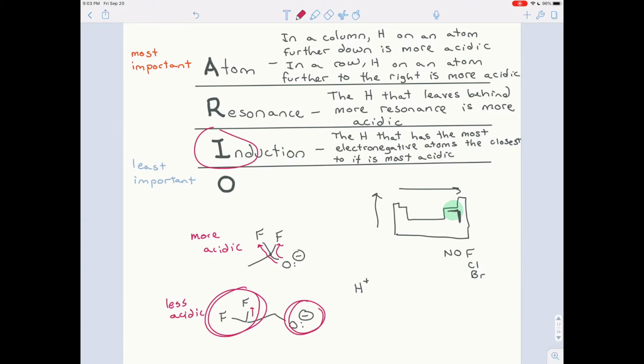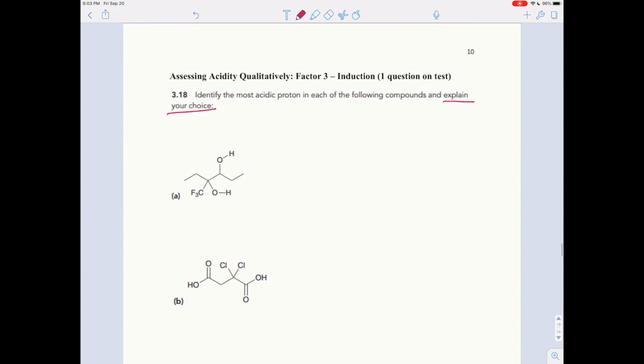So then we go down to induction, and we look for electronegative elements. And we see there are 3 fluorines here. Those are going to pull negative charge toward themselves. But it will do it more effectively if the negative charge is closer, because the electrons there will feel the pull of that fluorine more than electrons that are further away.